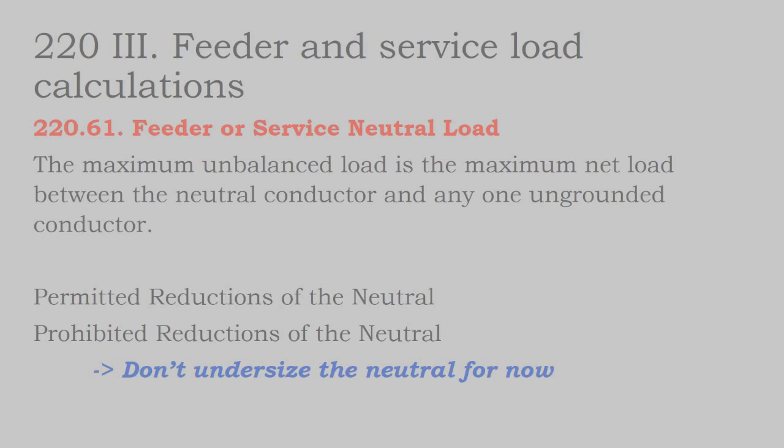So as a starting point with your design work, if you don't want to make any mistake, don't undersize the neutral, and then you'll be in the clear. If you do undersize the neutral, you may save a little bit of money, but not as much money as a design mistake would cost.